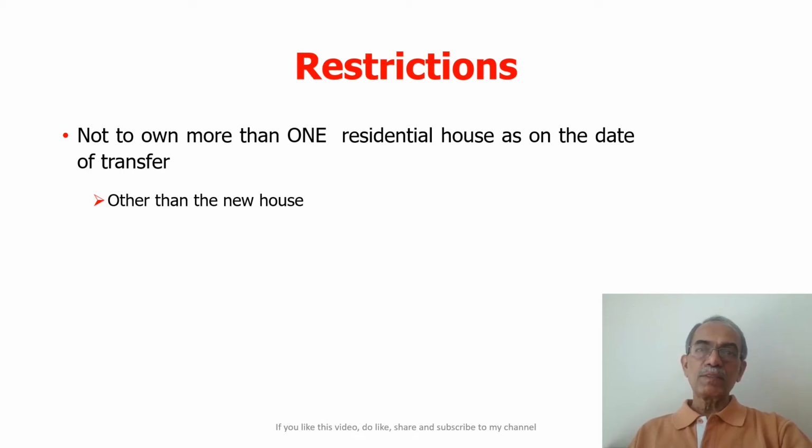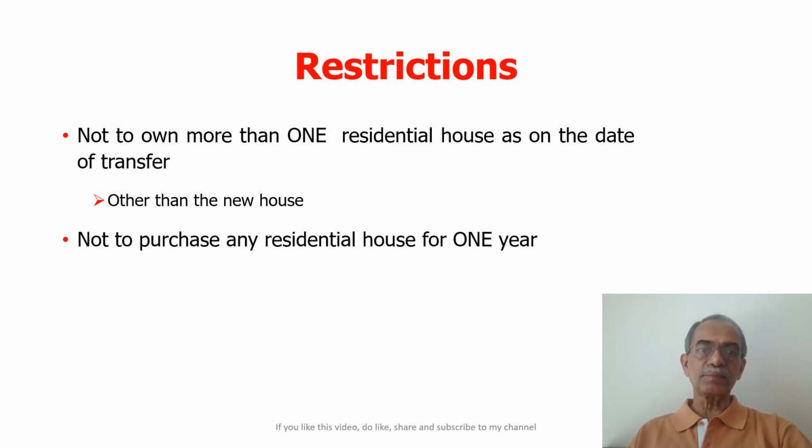But if the taxpayer has two residential houses and a plot of land, and he sells the plot of land, then he cannot claim the benefit of this section. And the new residential house, once it is purchased, the taxpayer should not purchase any more residential house for another 1 year.